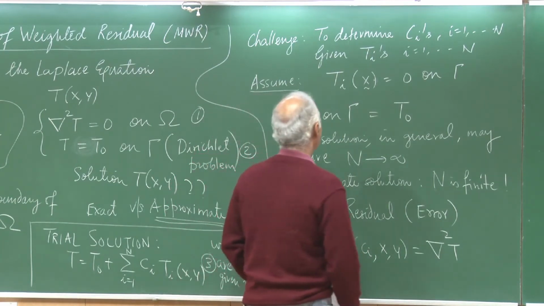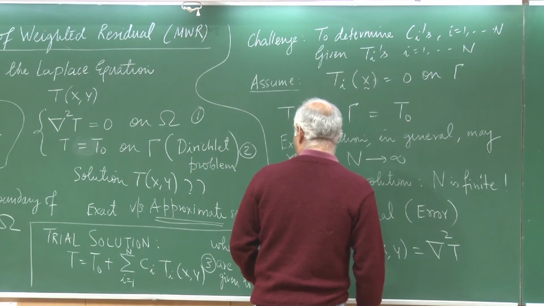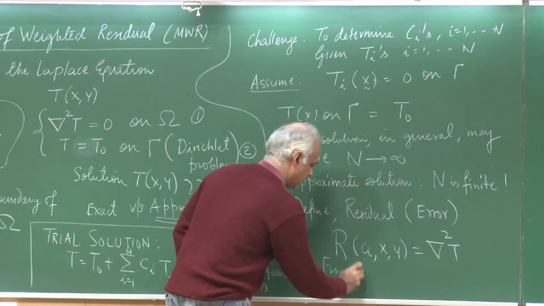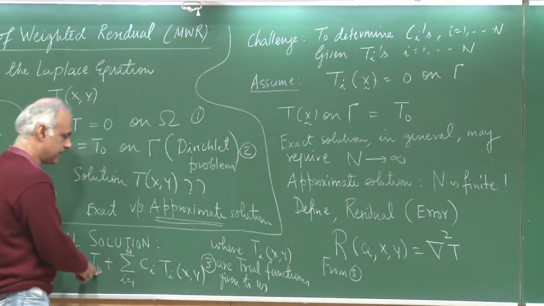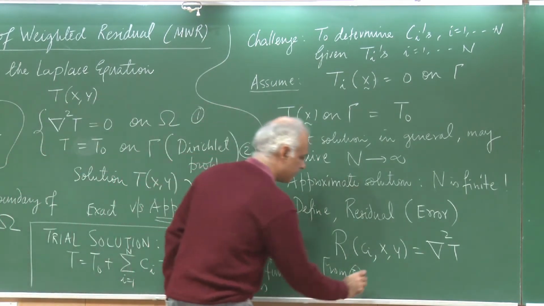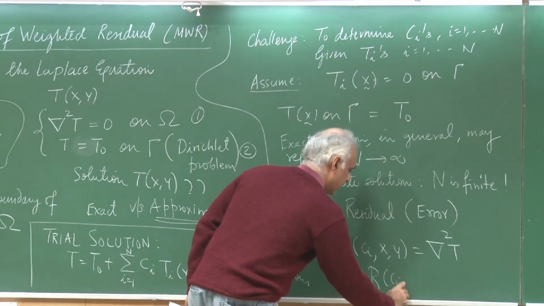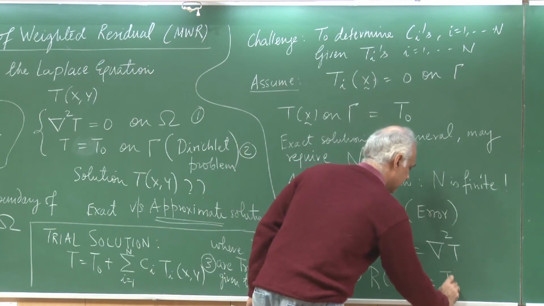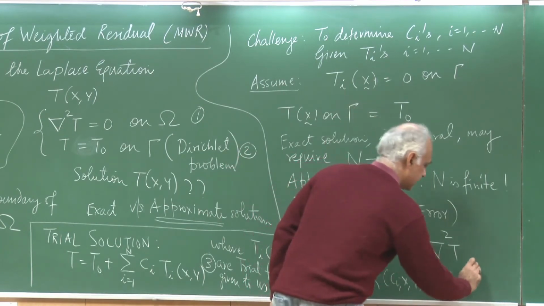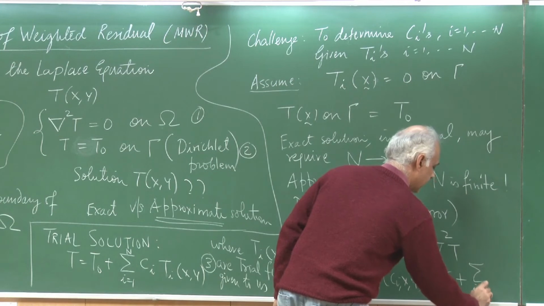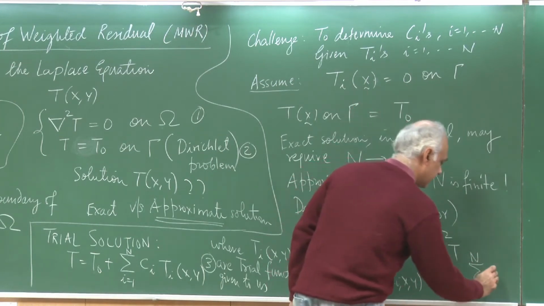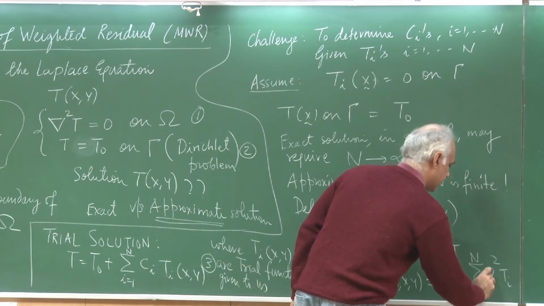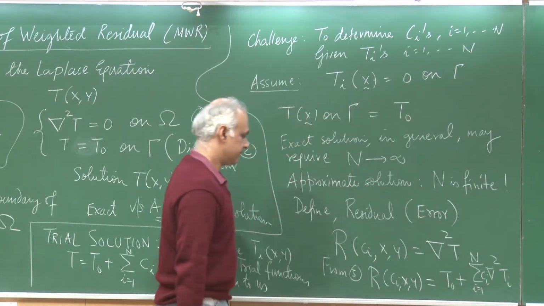So, let me plug in this quantity from 3. So, this is the approximation that I had, and then my residual r(Ci, x, y) is actually given as del square T naught plus summation i going from 1 to n del square Ti, and this is times Ci. Okay.